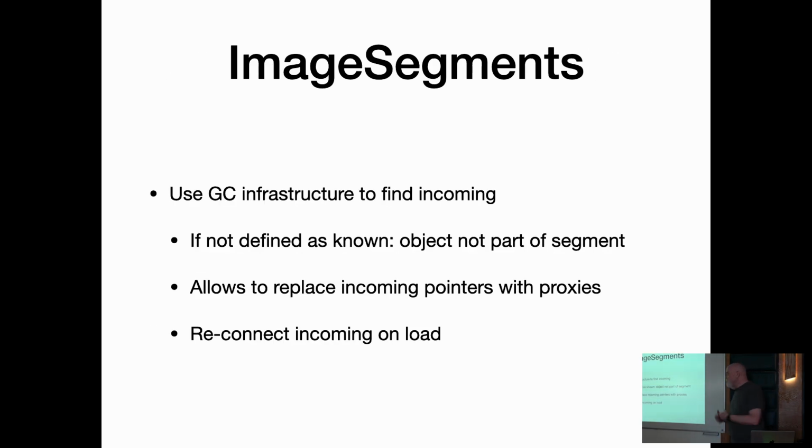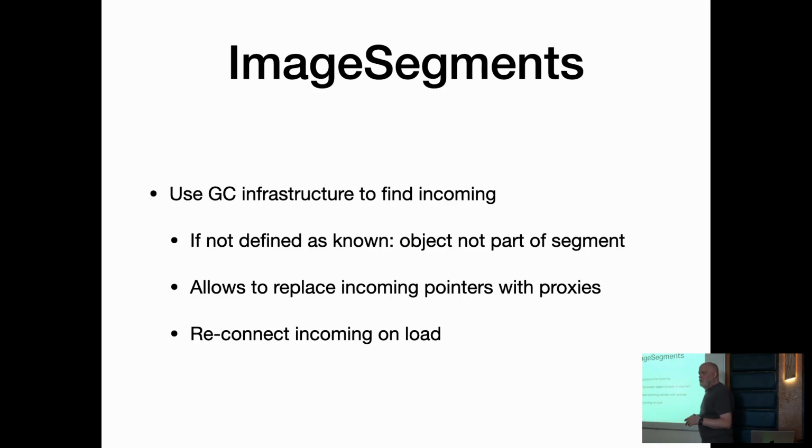Then, of course, if you know a bit about Squeak or about the history, there are image segments in Squeak which actually manage incoming pointers. But how? I mean, you don't know anything about incoming pointers. What they did is they said, yes, let's use the C infrastructure to find incoming pointers. So what they do is they say that if we start from a root, part of my segment is everything that I can reach that has no incoming pointers.